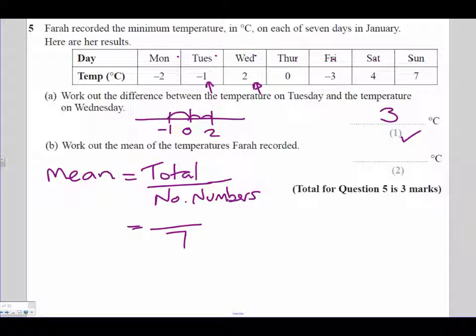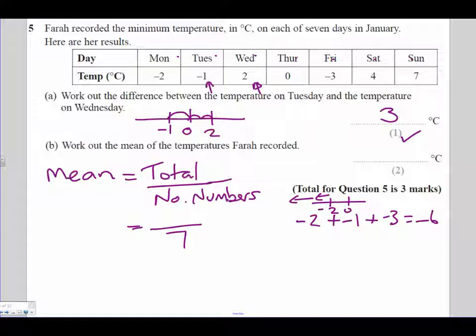The easiest way to add up the temperatures is to take the negative numbers, so -2 plus -1 plus -3, and you know on the number line that when I'm at -2 and I add -1, I'm going that way, and when I add -3, I'm still going that way, so that would give us -6.